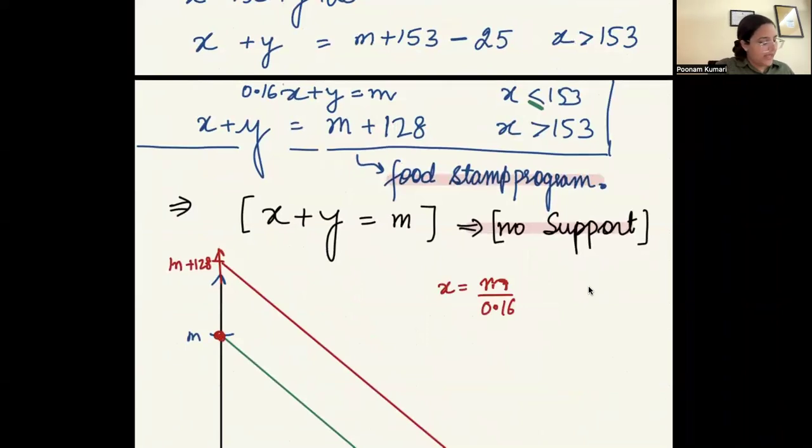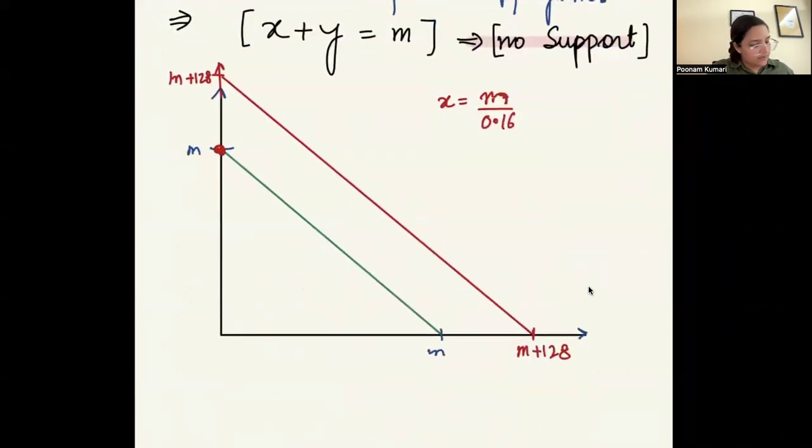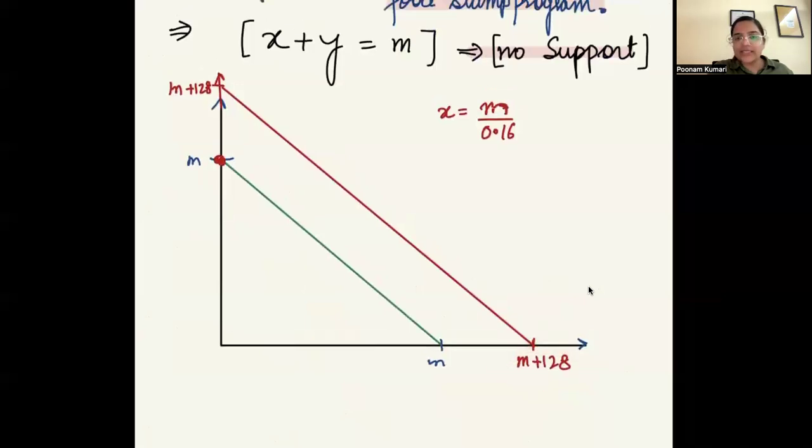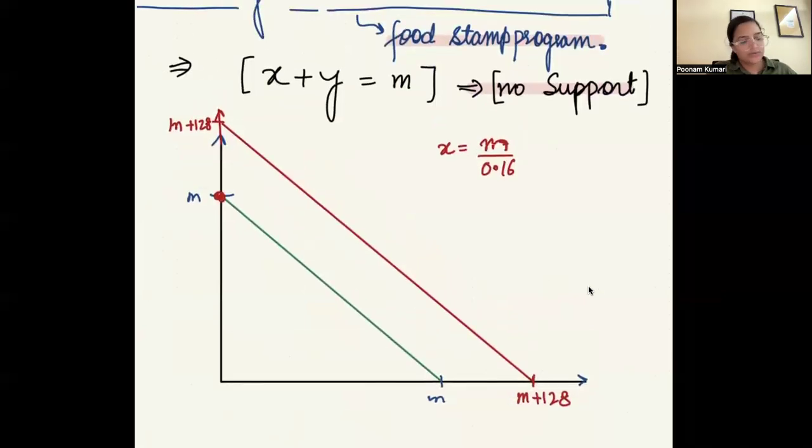Okay, definitely yes. But here, what about this? Is it greater than this or less than this? So this is 100 divided by 16. That is 25 divided by 4m, right?